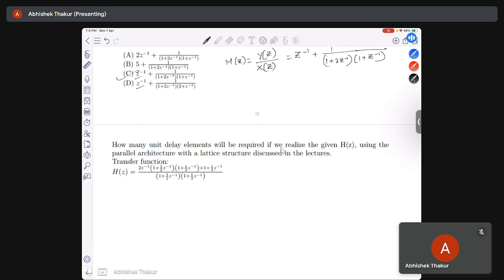How many unit delay elements will be required if we realize the given H(z) using the parallel architecture with a lattice structure discussed in the lectures? The transfer function is given. Here you can see the degree of the denominator.